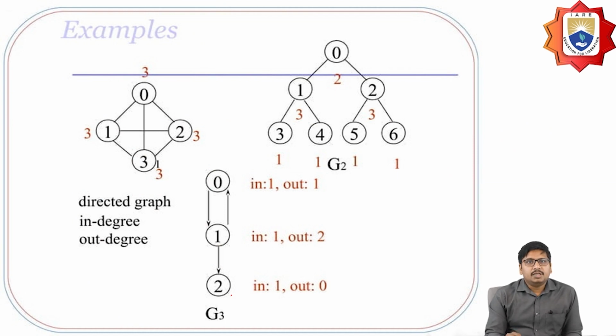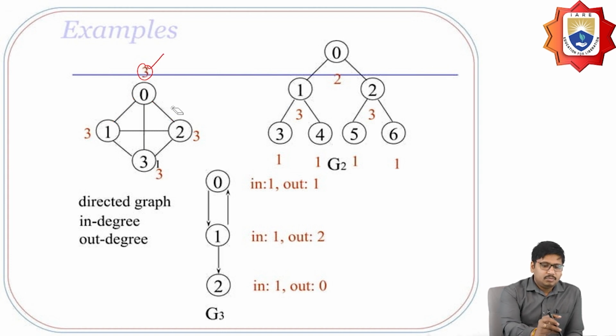An example with directed and undirected graphs. In the case of the undirected graph, the degree of this vertex is 1, 2, 3, so 3 here. Similarly, for this one, the degree is 1, 2, 3, so 3.